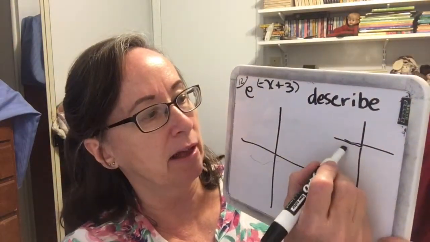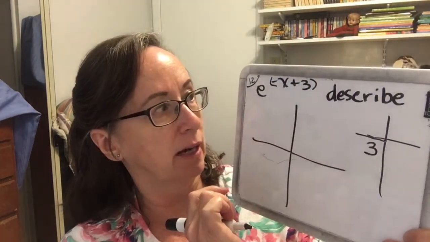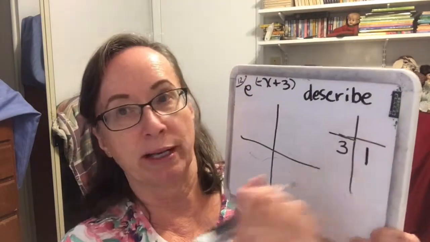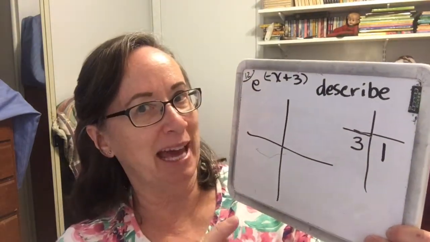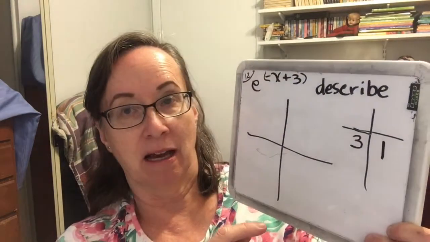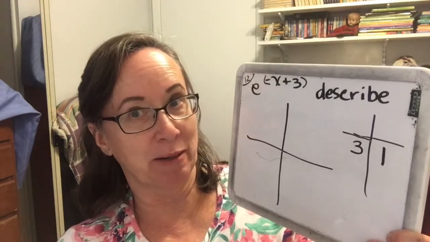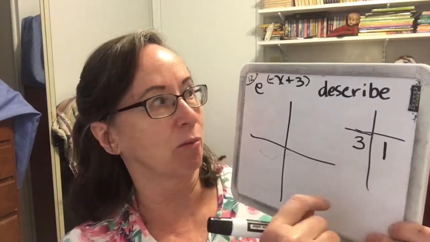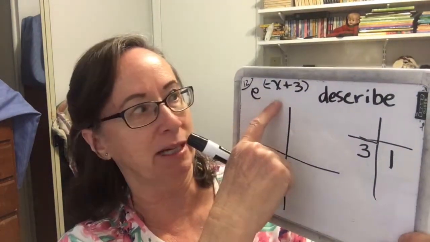If I plug in a 3, because that's what's going to make this go to 0, I'm going to get my 1. Since that usually happens at 0, that I get a 1, which way am I sliding? I'm sliding 3 steps to the right, not to the left.